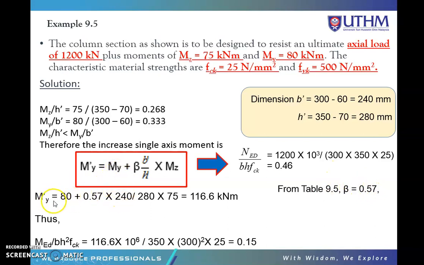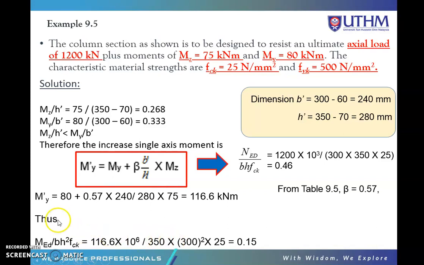So we get the increased single axis moment in Y direction is 116.6 kN. So by using this equation, we need to substitute in this equation. Okay, so we just substitute the equation.